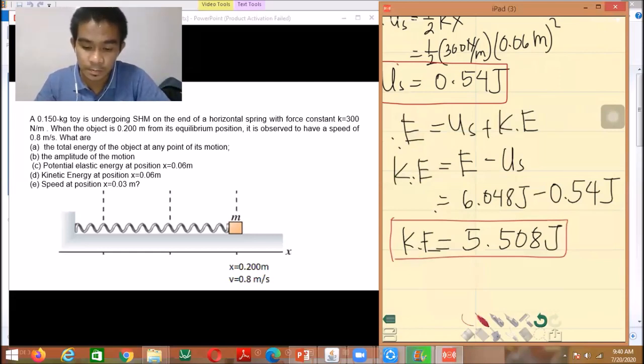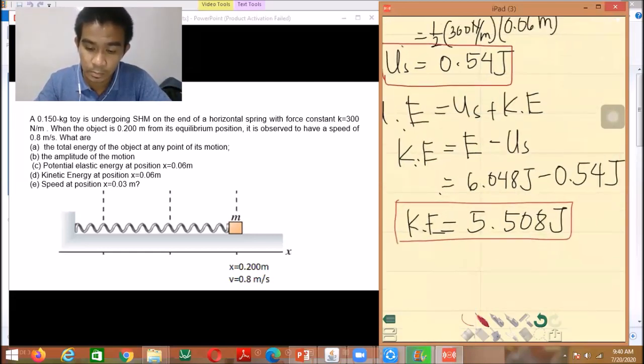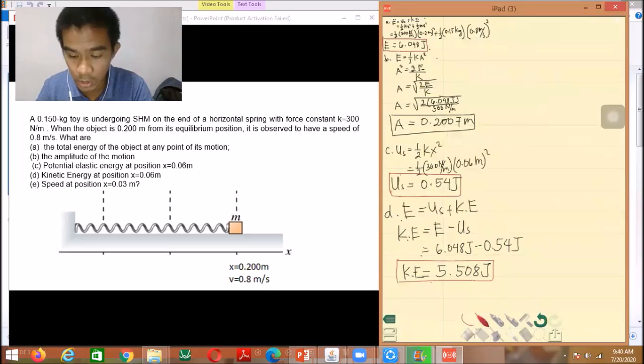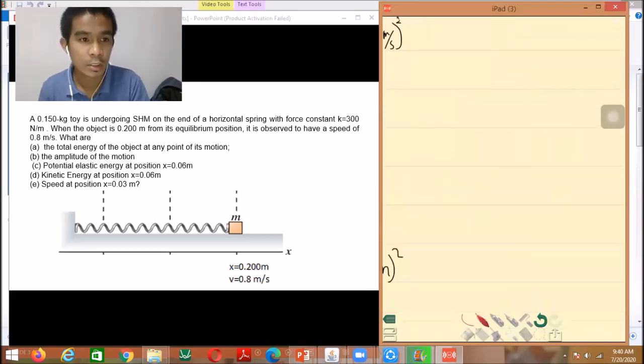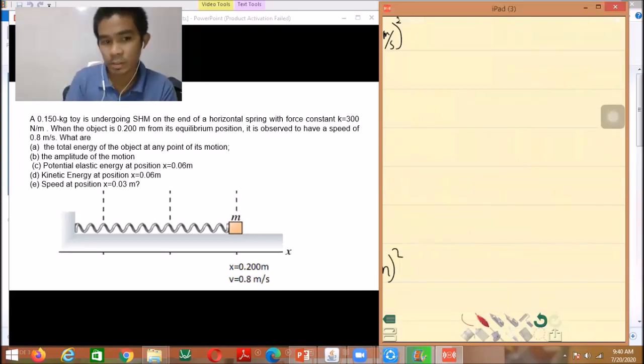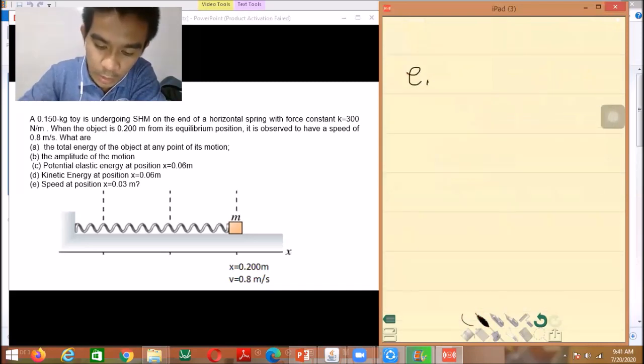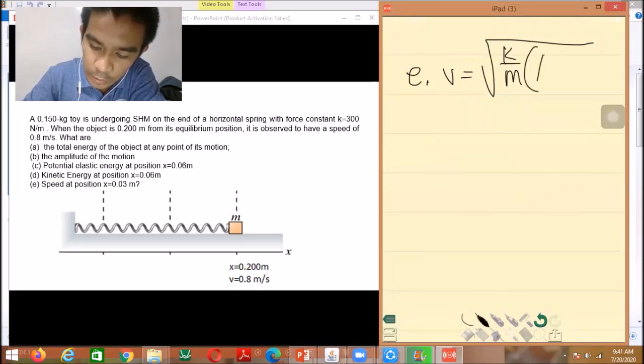Okay, next is letter E. What is asked in letter E? It is the speed. We can use the equation of speed as a function of position x, since x is given. So the speed equals the square root of the spring constant k over the mass attached to the spring times the square of the amplitude minus the square of the position.